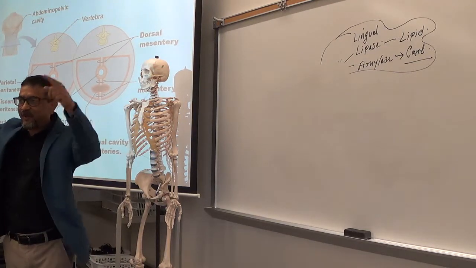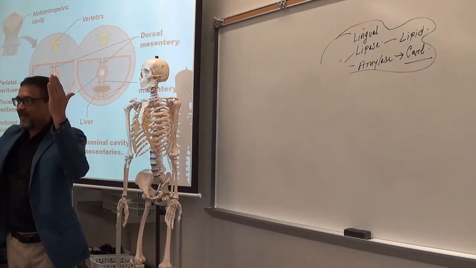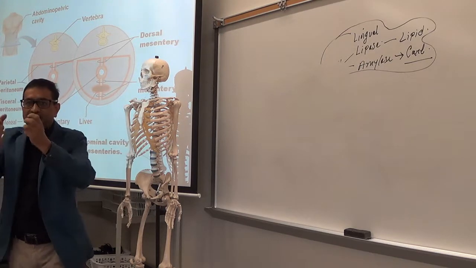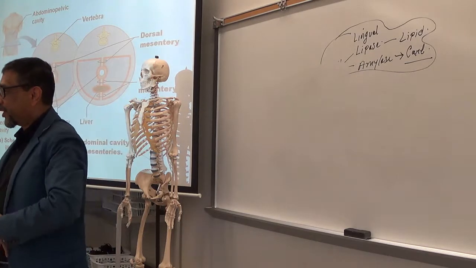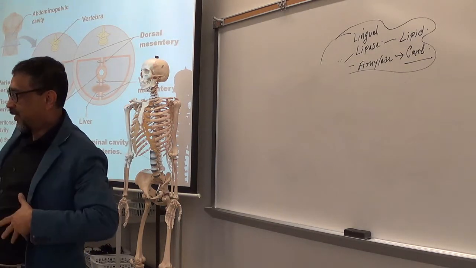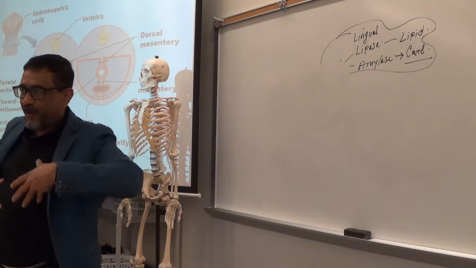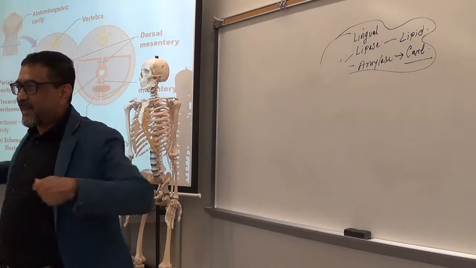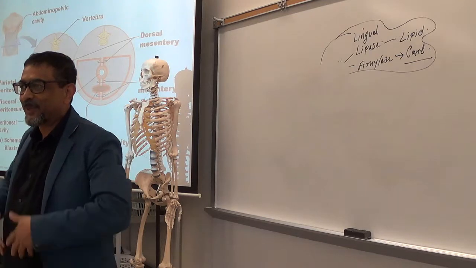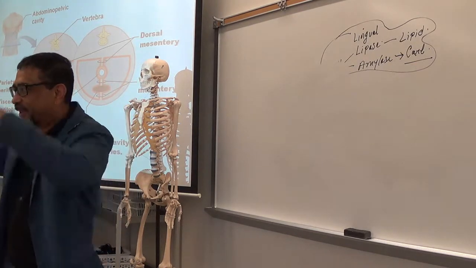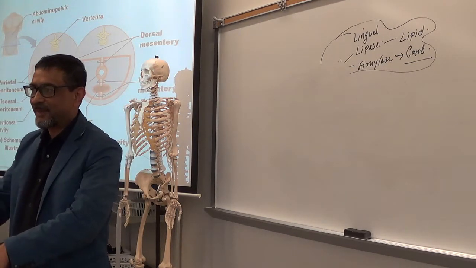Holding them, coming from the wall, wall is strong, right? Coming from the wall and tying them. So the internal abdominal cavity is a big cavity, right? Your liver is here, your stomach is here. If you don't tie them to the wall, what will happen? They will go down, right? Because of their weight will go down. Everything will go to the bottom, right?